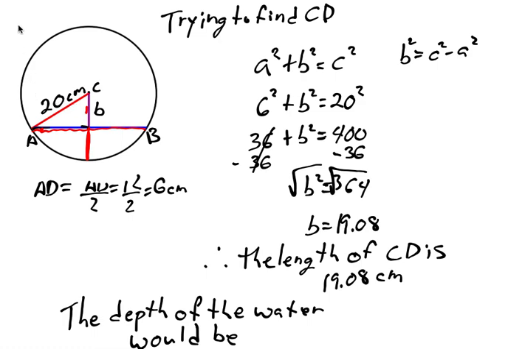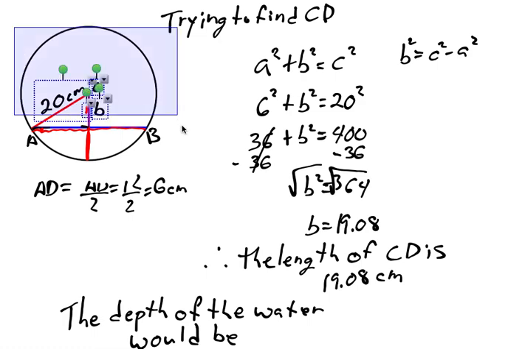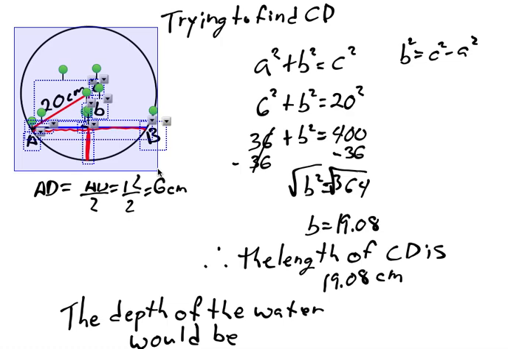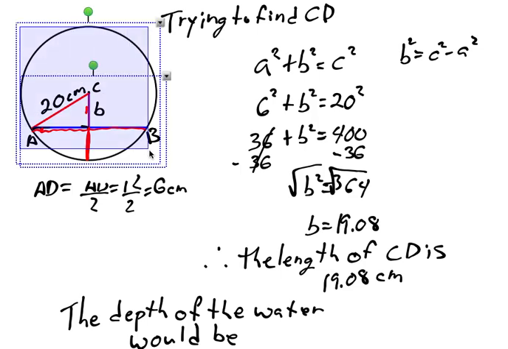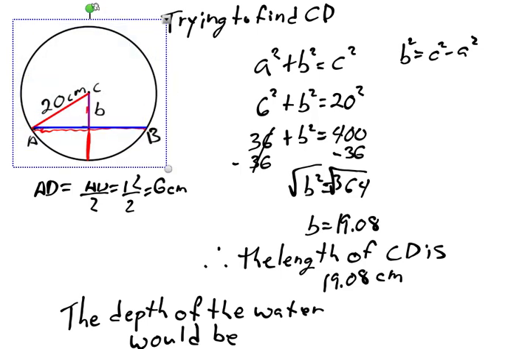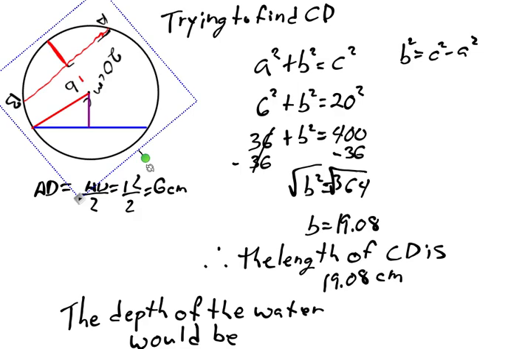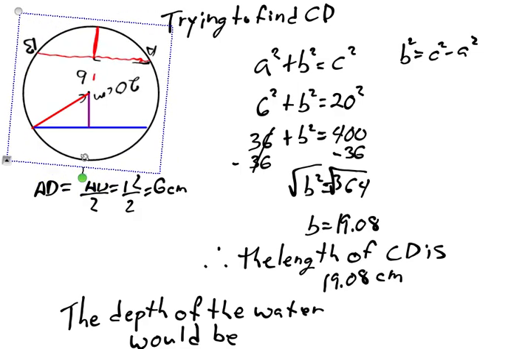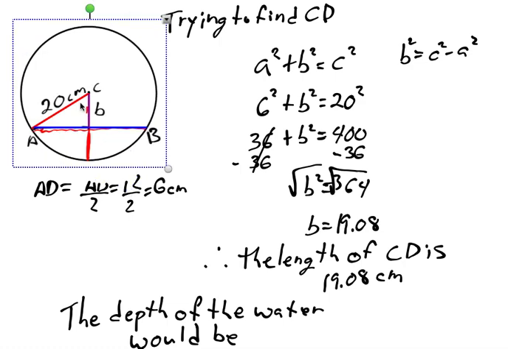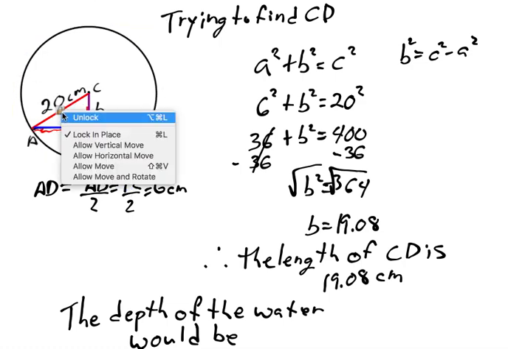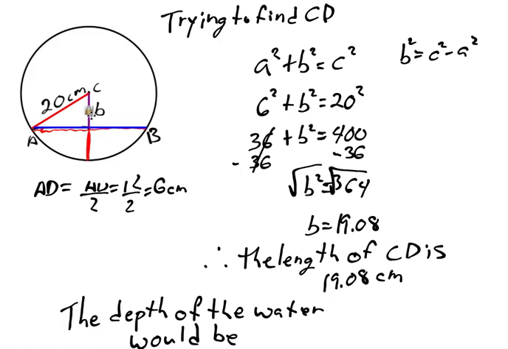Had the pipe been rolled over, let's see here, so unlock it. Had this pipe been, oh, why didn't those shapes come with me? My goodness, sir. All locked in place for some reason.